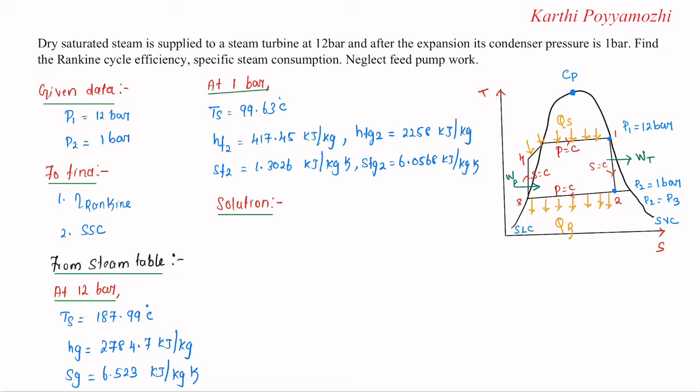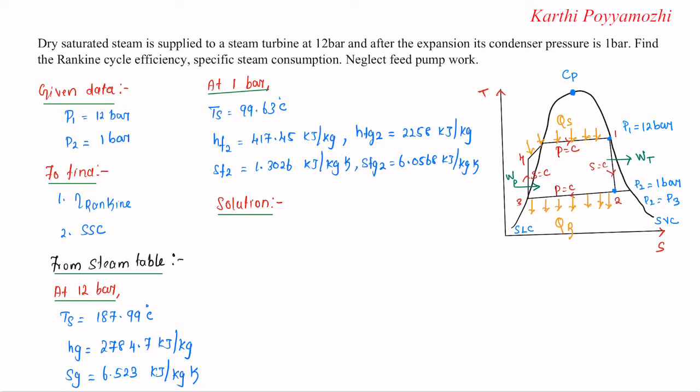This you should keep in mind. Though the pressure may be the same, at point 2 it is in a vapor state and at point 3 it is in a liquid state. With this given data we have to find the efficiency of the Rankine cycle and specific steam consumption.